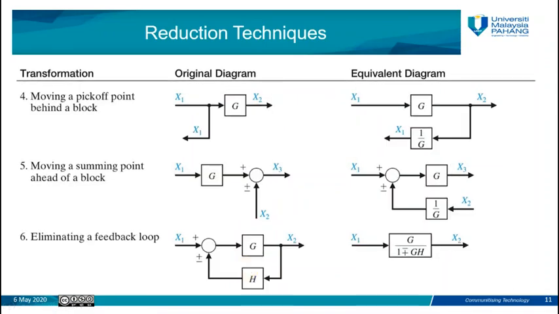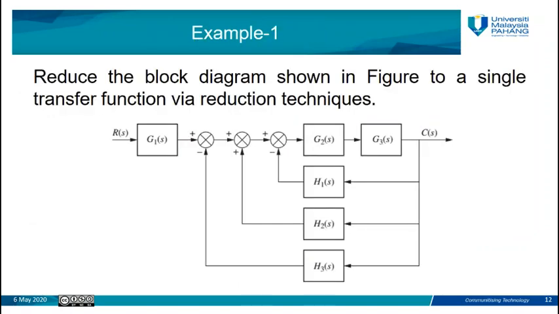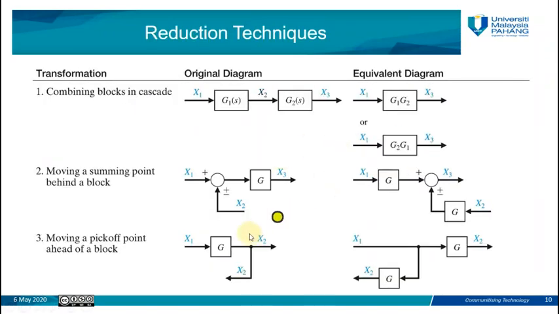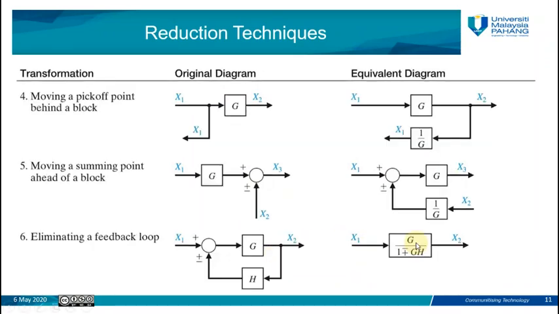The fourth technique is that we need to move the pickup point from the input to the output. In the previous one, we moved it from the output to the input. Here we are going to move the pickup point from the input to the output.